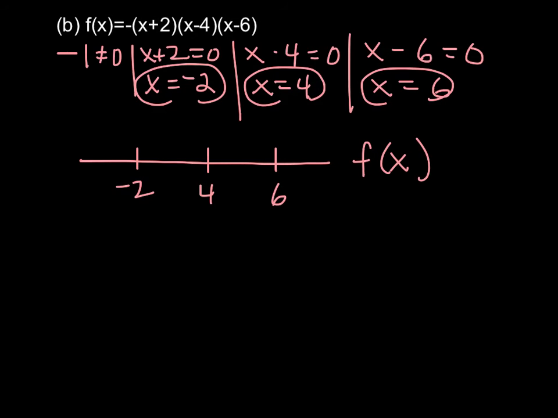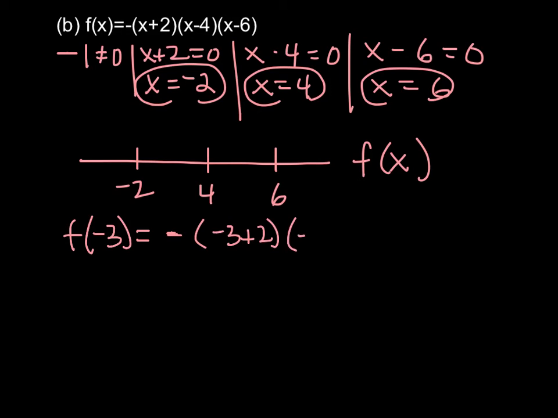Okay, so then remember what we're going to do is pick values, and those values are going to be in between these zeros. For example, I'm looking at -2 there. I'm going to pick something smaller than -2, so let's say f of -3. I'm going to plug it back into the original function. Now there is a negative all the way in front there. So I'm going to put -3 into the first set of parentheses, and I get +2.